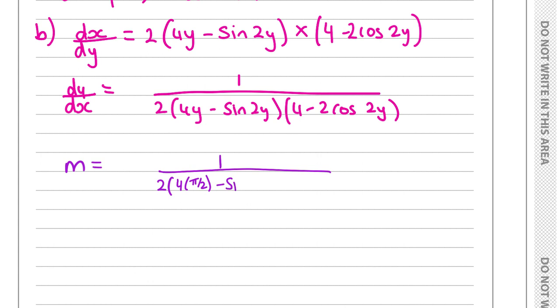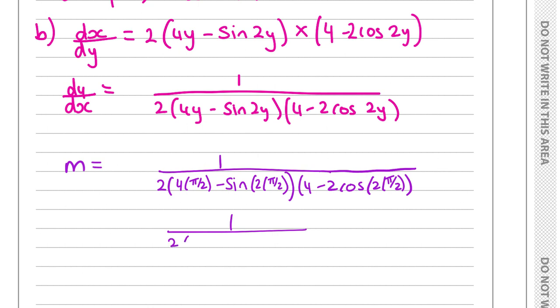And again, guys, I am just going to write this out for your purpose, and then I'm not going to put it into a calculator. I'm going to work it out because normally we want exact. So I've got 1 over 2 bracket 2 times pi, 4 times pi over 2 is 2 pi. Sine of pi is 0, if I'm not mistaken. Let's use a calculator just in case.